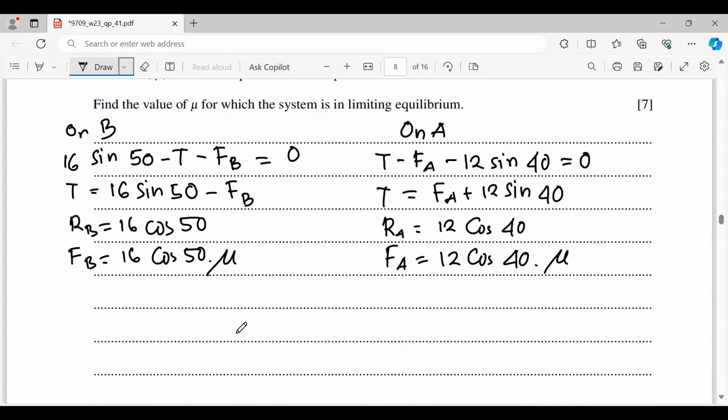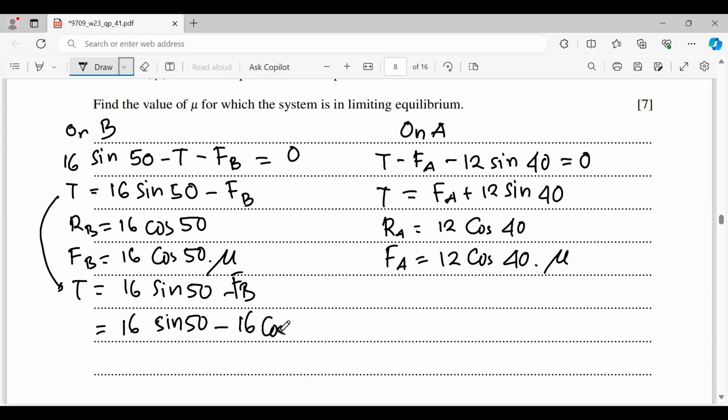So with RB and FB like this, this equation becomes T equals 16 sine 50 minus 16 cosine 50 times mu.